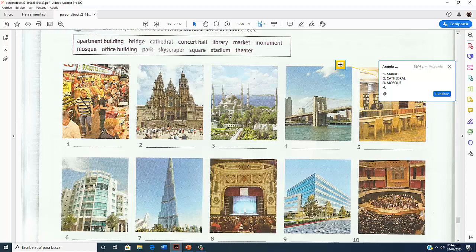Number four, that is a bridge. Number five, is it a library? Yes, the library. It's not librería, it's biblioteca, library. Number six, apartment building.